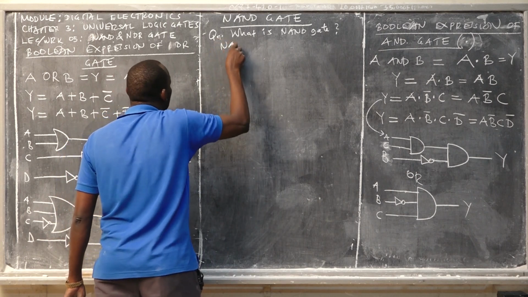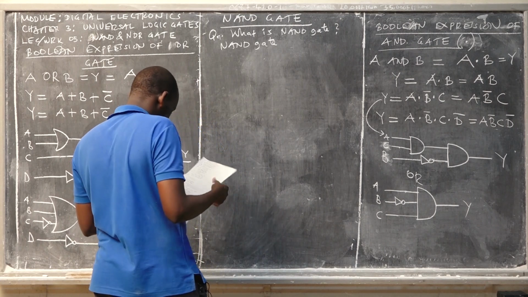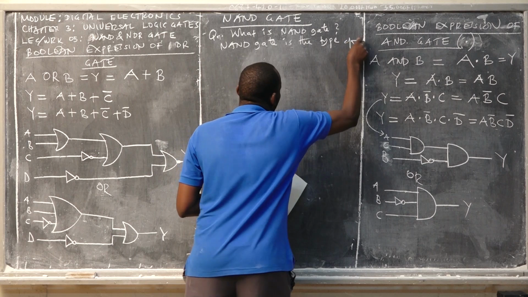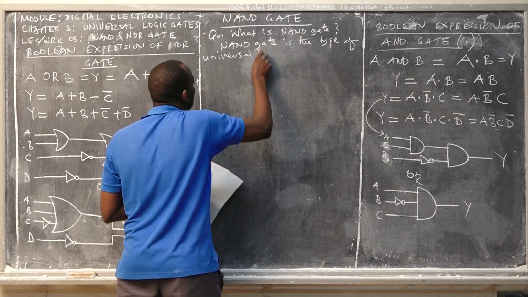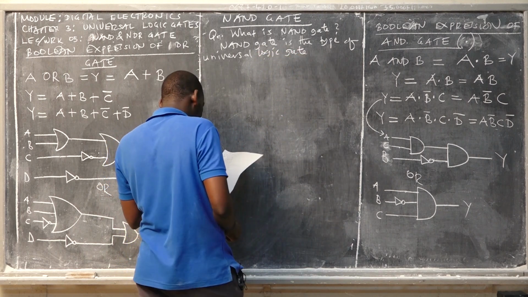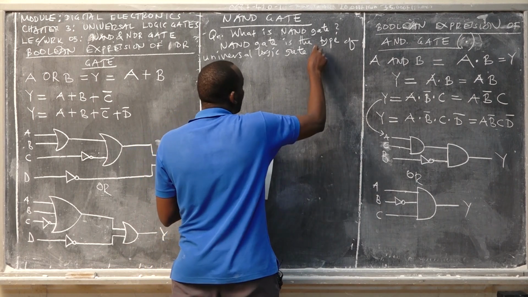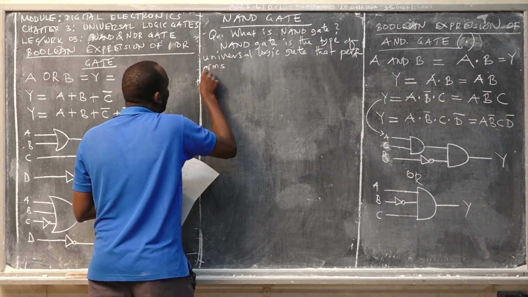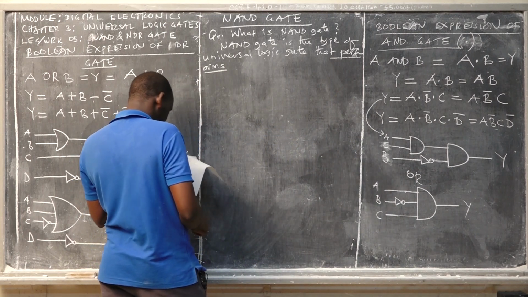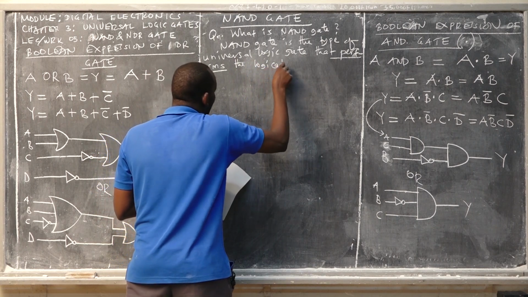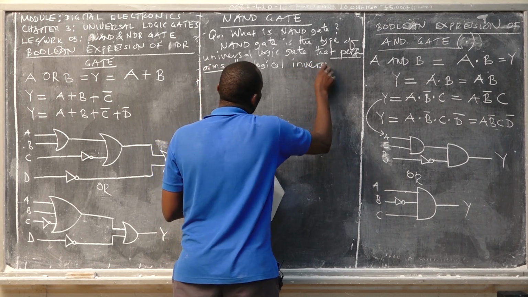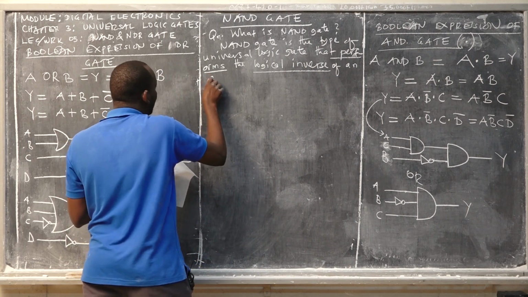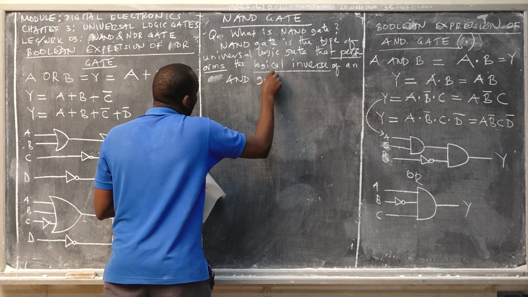So you say that NAND gate is the type of universal logic gate that performs the logical inverse of an AND gate.